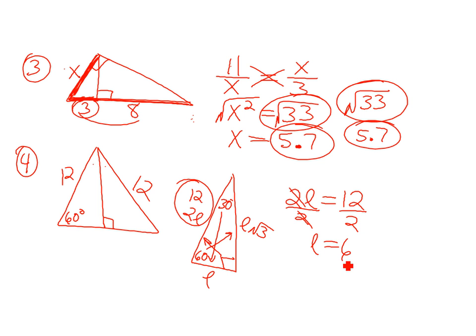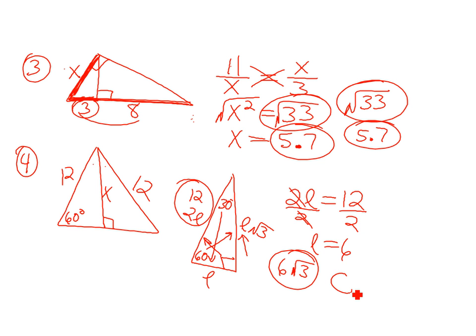If L equals 6, we can stick 6 right in there because we're looking for x, which is right there. The length of that side is just going to be 6 times the square root of 3. I should have been given the answers on these. Let's see, 6 times the square root of 3 is letter C. So that one's actually C.